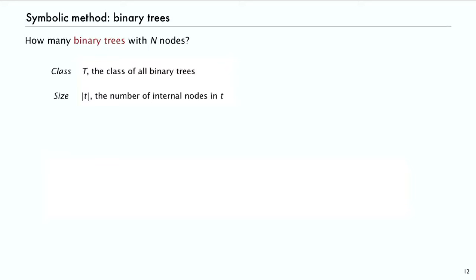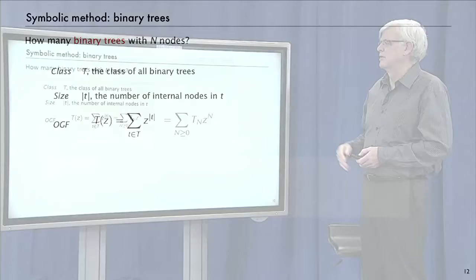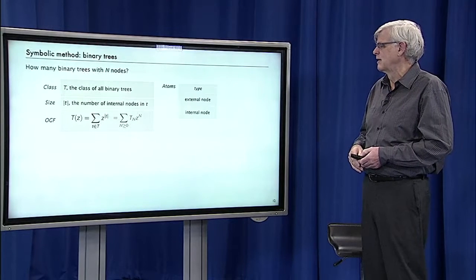And we're going to use the number of internal nodes in T. The ordinary generating function is the sum over all trees in the class, Z to the size, and as we discussed when talking about counting with generating functions, for every size n, there's going to be T sub n that gives us the counting sequence. The coefficient of Z to the n in the generating function is the number of trees. That's what we're going to be looking for.